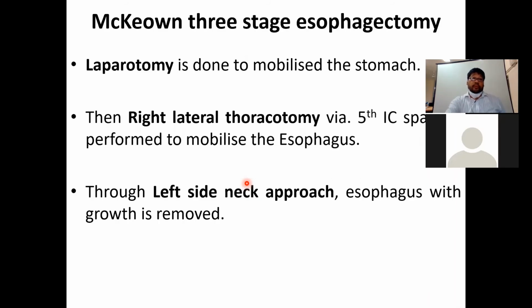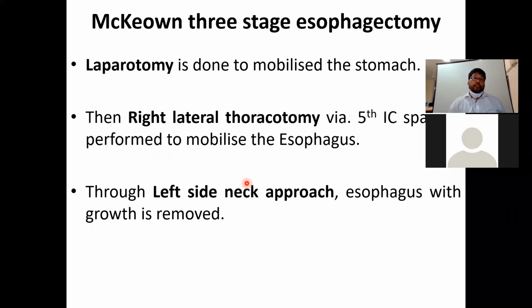So here in McKeown's three-stage operation, what we have to do is laparoscopy first. We open the abdominal cavity and we look for the signs of inoperability. And if we find that it is operable, then we mobilize the stomach through the laparotomy wound.